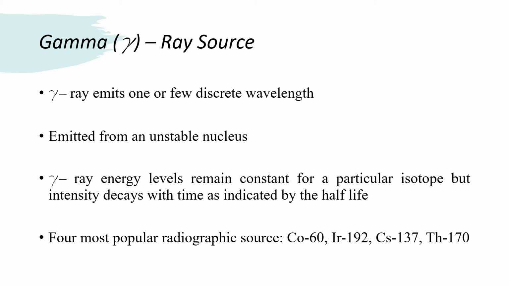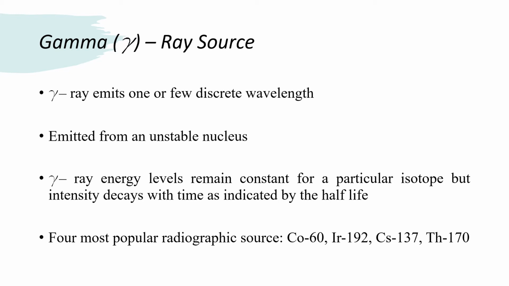Gamma rays are electromagnetic radiation emitted from an unstable nucleus. Each isotope with an unstable nucleus will have characteristic nuclear energy levels and intensities for the emitted radiation.